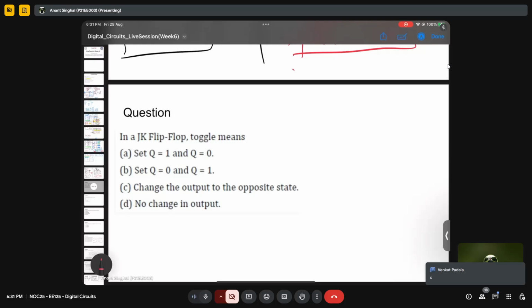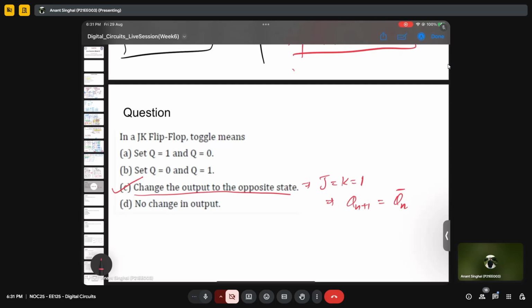Okay, it is a very basic question. So C will be the correct answer. As I've said, JK flip flop toggles when J and K are both 1. So basically, the next state toggles, which is the complement of the previous state. It changes the output to the opposite state.